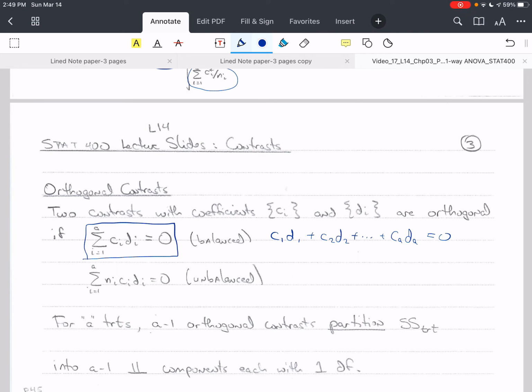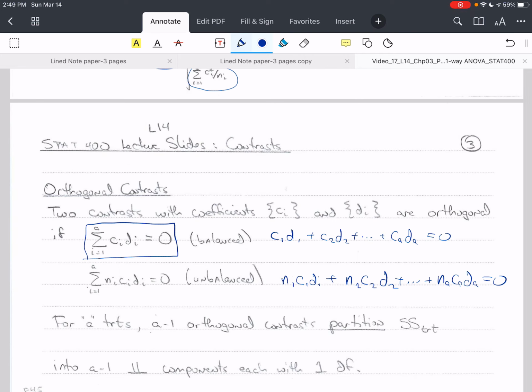If they have unbalanced designs, then we have N1 C1 D1 plus N2 C2 D2 up to NA CA DA equal to 0. So again, it has to be weighted by the sample sizes if the sample sizes are not equal.